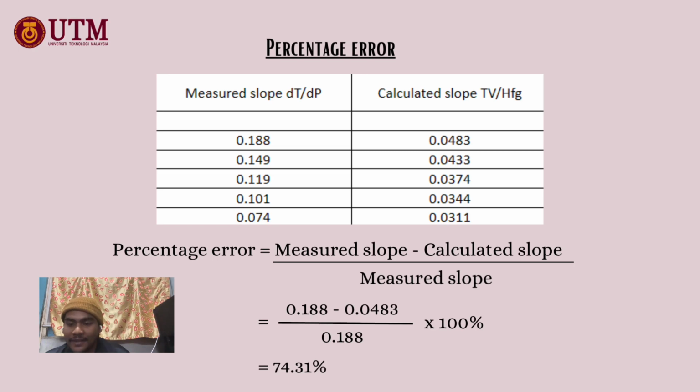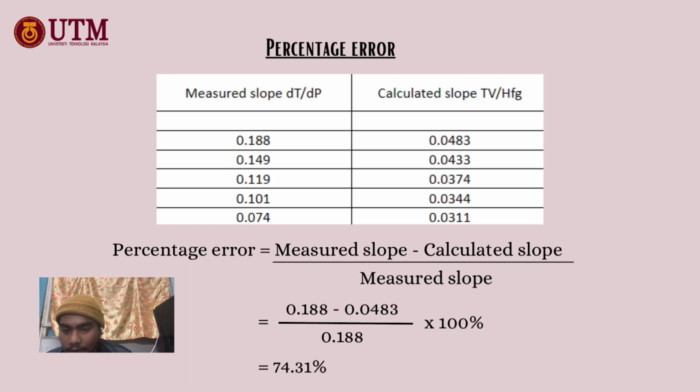To calculate the percentage of error, we use the formula: percentage of error equals measured slope minus calculated slope over measured slope. In this example, we take 0.188 minus 0.0483 over 0.188, times 100% to convert it into a percentage.